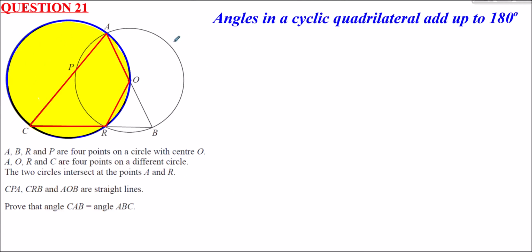So if I now call the angle at A here CAB, well, call it angle A really. So angle CAB plus the angle opposite to it, so opposite to angle A is this angle here at R. And that's given by going from O to R to C, or alternatively from C to R to O, whichever you prefer.